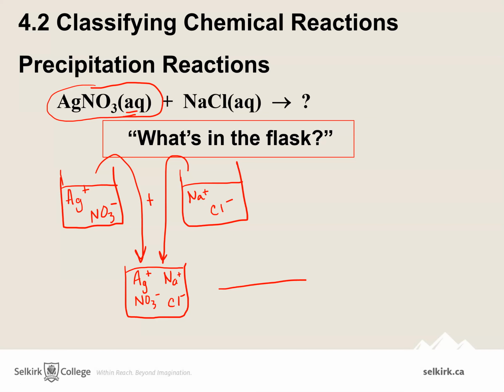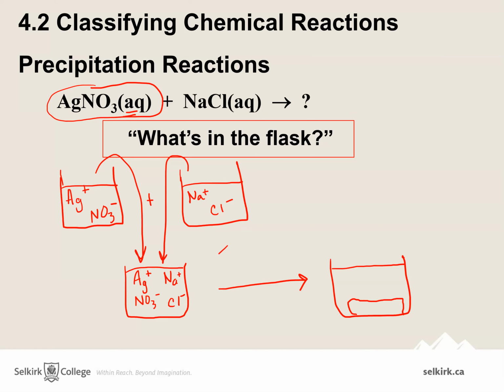All right, now the reaction is going to happen, and what you observed in the test tube is that a solid formed in the flask. And if we wait long enough, it'll settle out to a lump in the bottom. We want to know what that solid is so we can write the products in our reaction. Well, let's see what the possibilities are. In an ionic compound, a positive ion is always present with a negative ion.